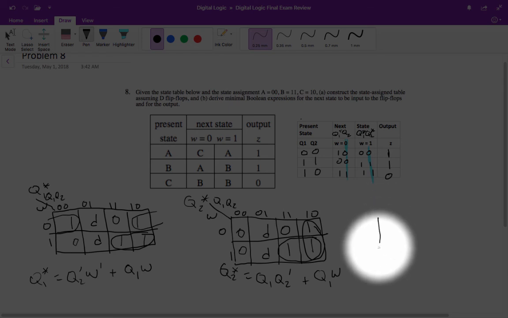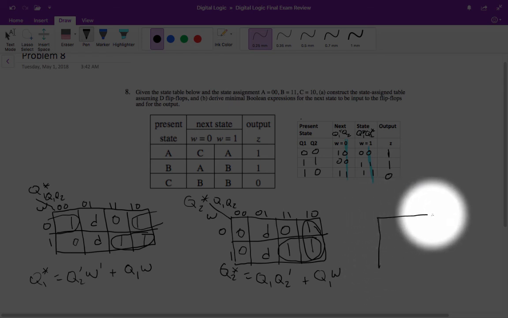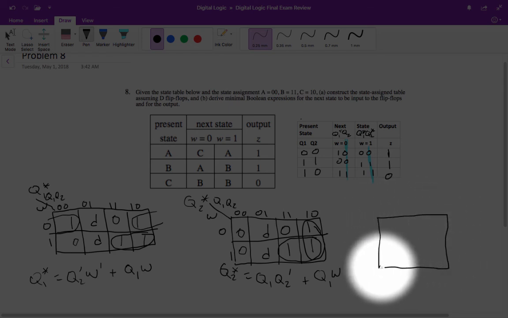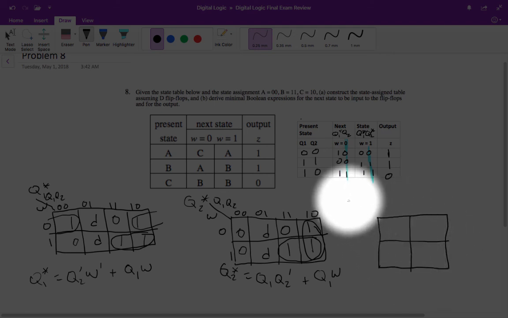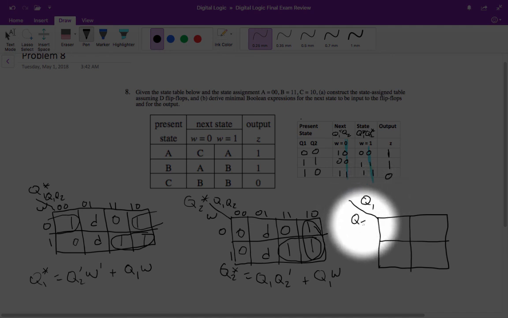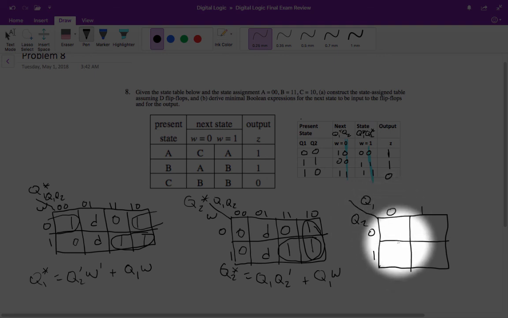Now our output, as we mentioned before, does not depend on our input. So our Karnaugh map is going to be pretty simple. We just have Q1 and Q2, 0 1, 0 1. And there's no state assigned to 0 1, so 0 1 would be right here.